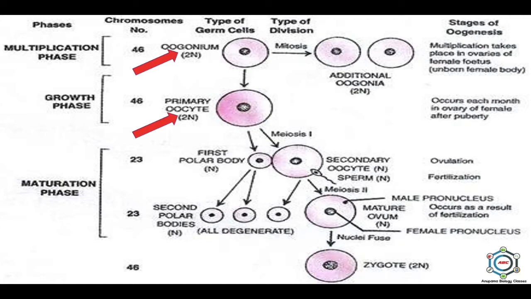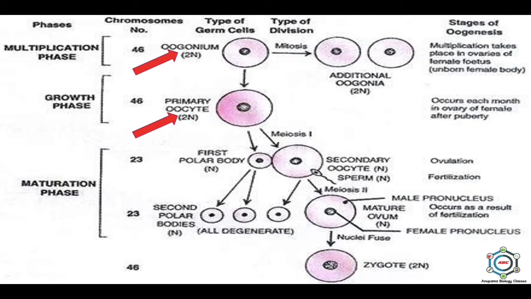Other oogonia, except the primary oocyte, form the follicular epithelium round the primary oocyte to protect and nourish it. That structure is a primary ovarian follicle. The primary oocyte remains at prophase of meiosis I until just before ovulation in an adult female. This is the first resting period in oogenesis.